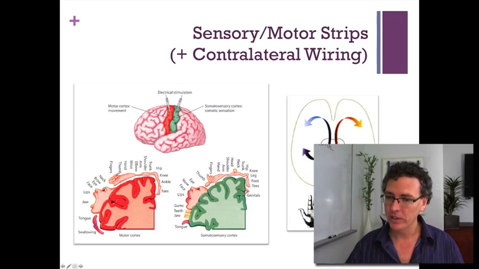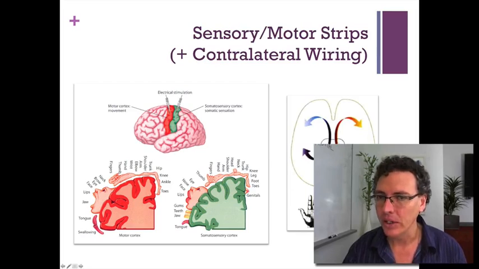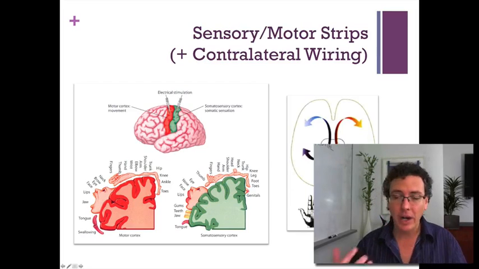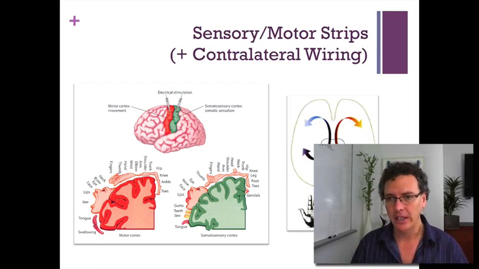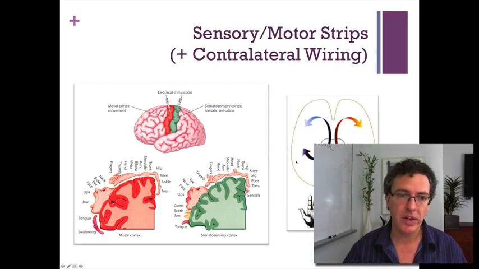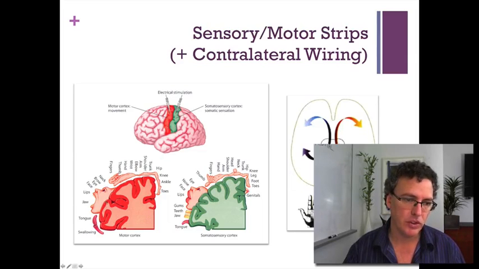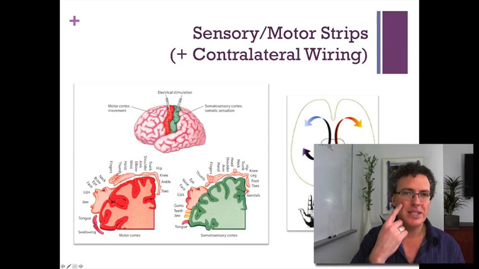So there's this weird little crossing that goes on. I've never heard a really good story for why we're wired like that, but there's no doubt we are. So if I stimulated, let's say, a part here somewhere that might be associated with your cheek, but I do it on the left side of the brain, what I would see is your right cheek flinch.